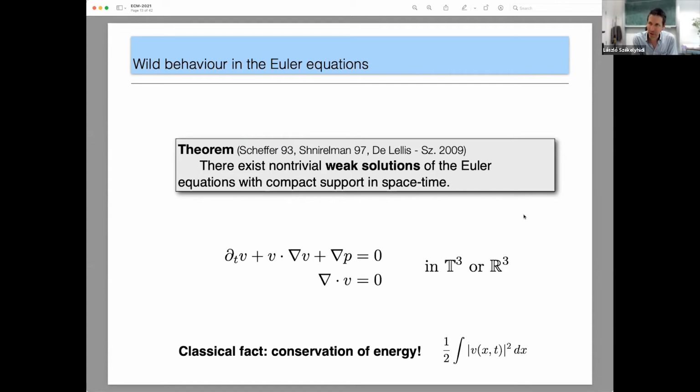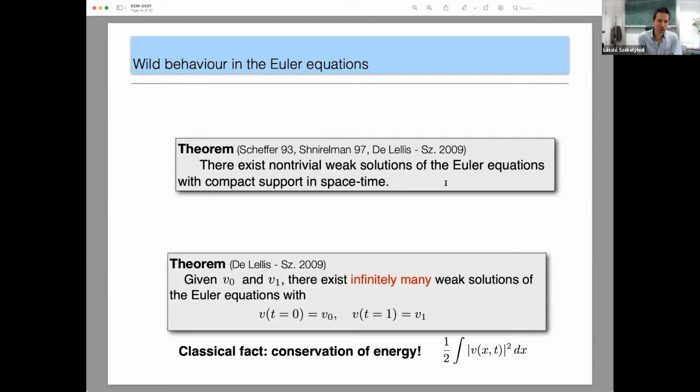And the interesting part of that statement is the compact support in time, which means that the solution starts at 0, then it's non-zero, and then it's 0 again. So it contradicts all intuition of energy conservation, and the fluid starts to move by itself and then stops again. Okay, so this is clearly a non-physical solution.